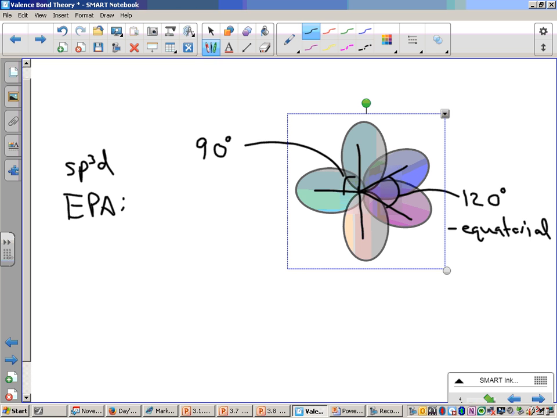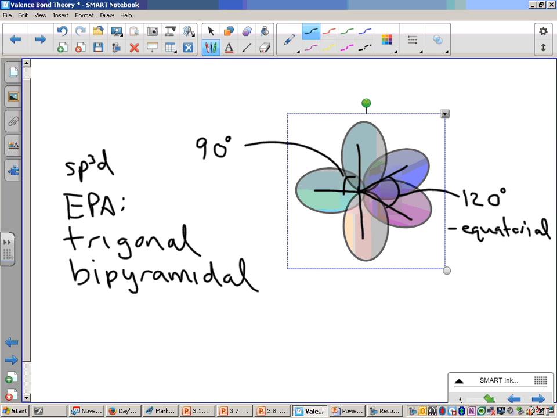So this is called a trigonal bipyramidal. What a fabulous description.